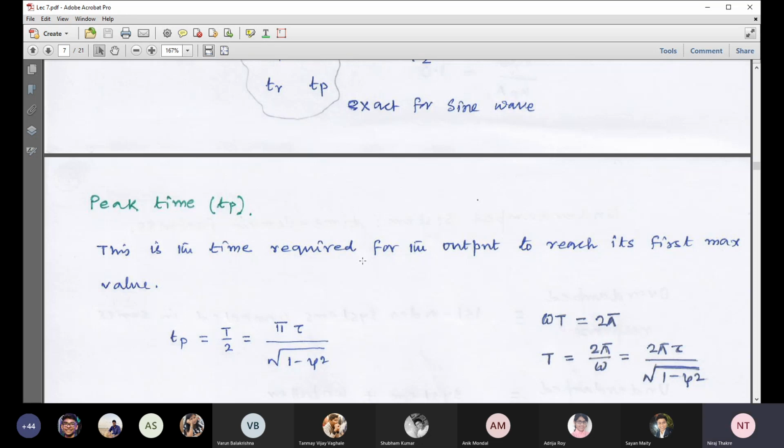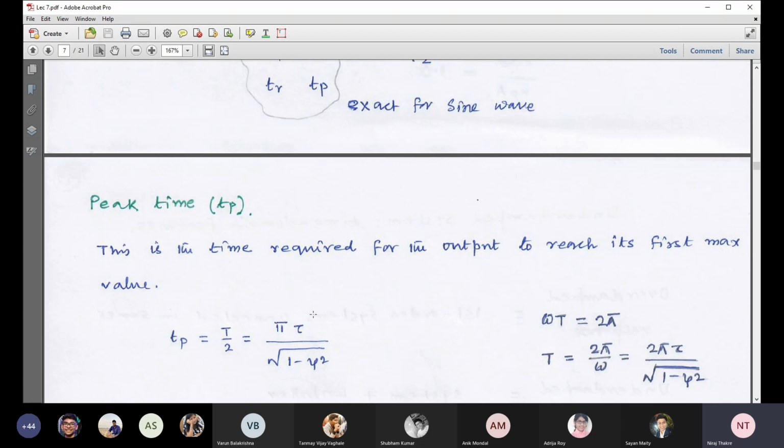So this statement, or you can say the definition, is quite obvious. This is the time required for the output to reach its first maximum value. And we got the answer from you, Tp equal to capital T by 2.